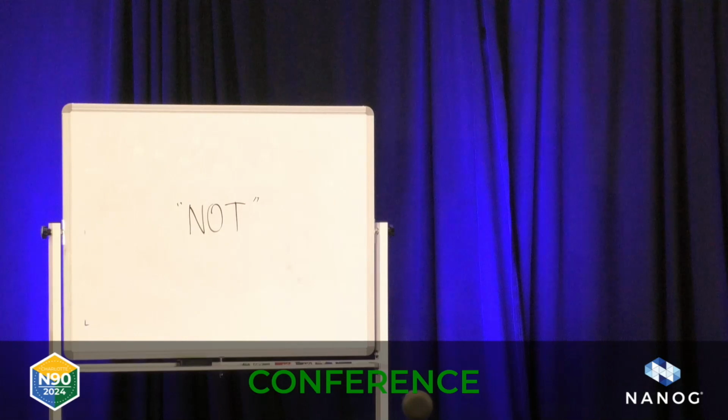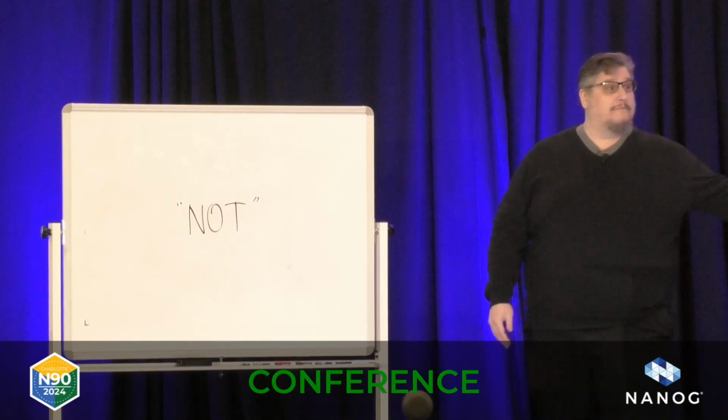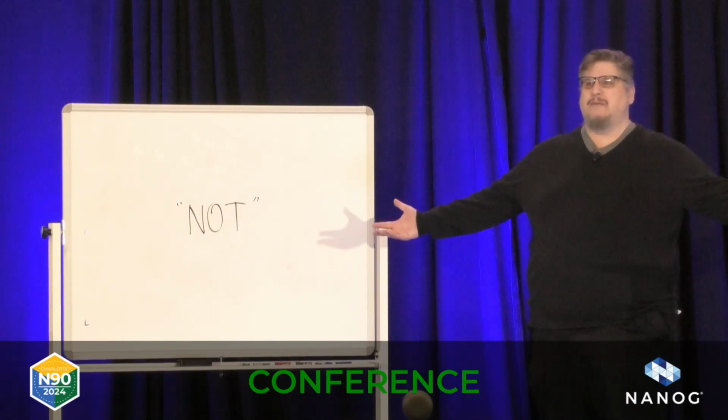For example, let's say I'm up here and I say, I absolutely promise not to melt your pet rock. I've made a promise to you. I'm not going to melt your pet rock. But you're going, I didn't even know melting pet rocks was on the table. I didn't even know he knew how to melt a pet rock. How the hell did he know I had a pet rock?